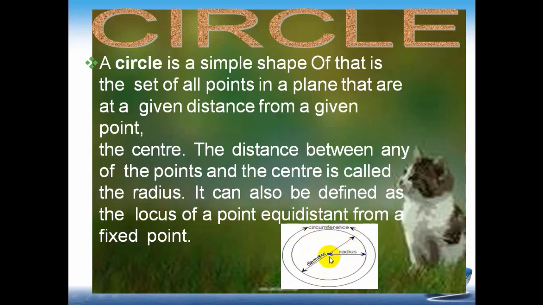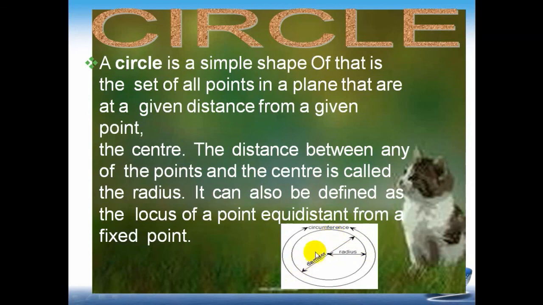And what is the radius? The distance between the center and the boundary point of the circle is called the radius. Similarly, the distance from one boundary point to another boundary point, with the line passing through the center, is called the diameter. But if this line does not pass through the center, then it will be called a chord of a circle.